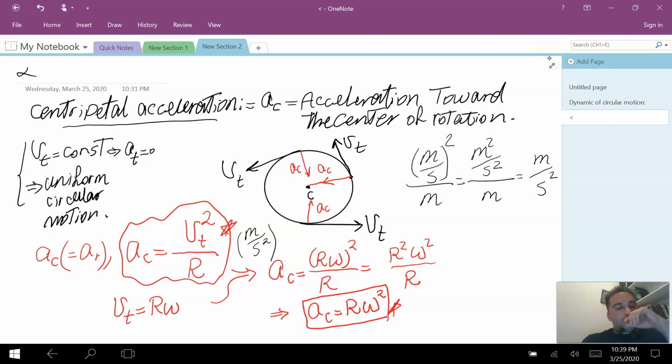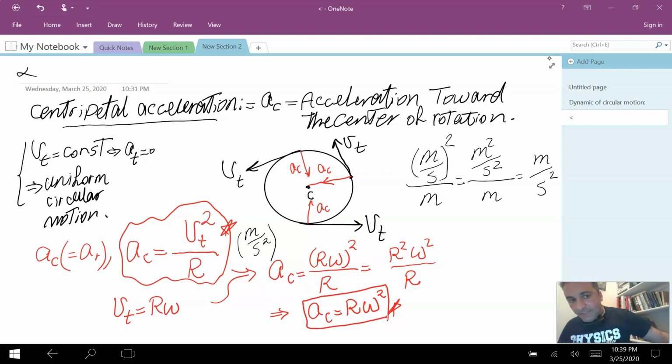Now, centripetal acceleration is toward the center. So remember, when an object rotates about the center, an acceleration affects that object which is toward the center.